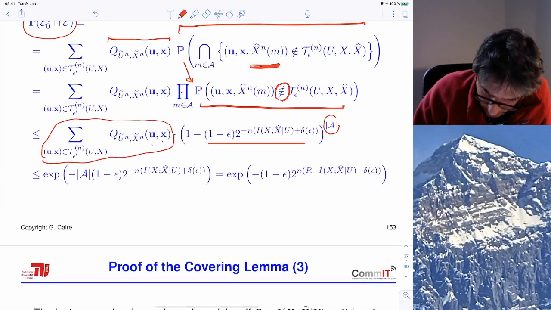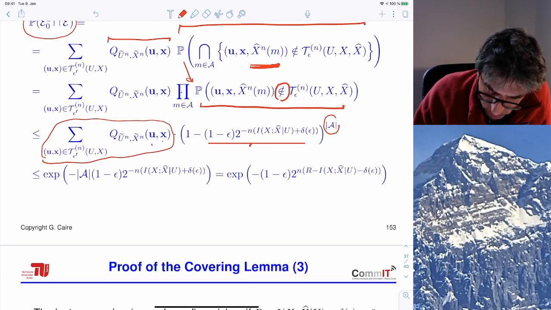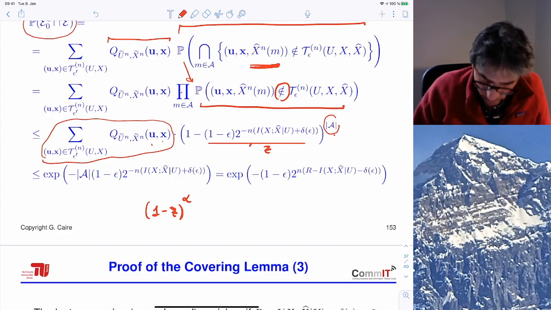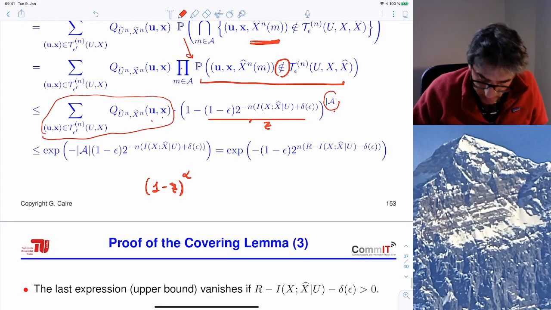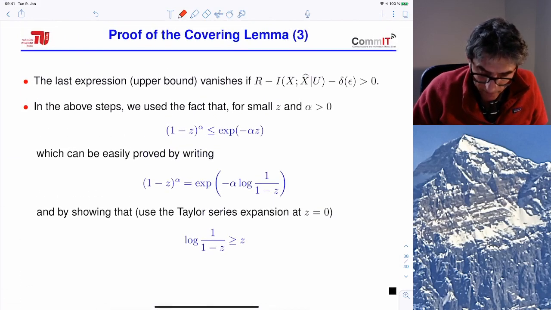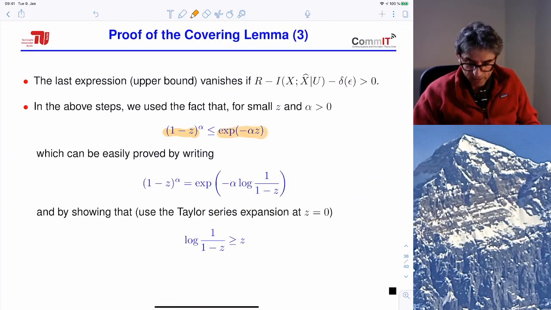So this is a very small quantity. Let's call this quantity z. So effectively this is 1 minus z, where z is a small quantity, raised to some number here, and this number is let's say alpha, okay? And it turns out that when z is small, I can use that 1 minus z raised to alpha is less or equal than exponential of minus alpha z, okay?